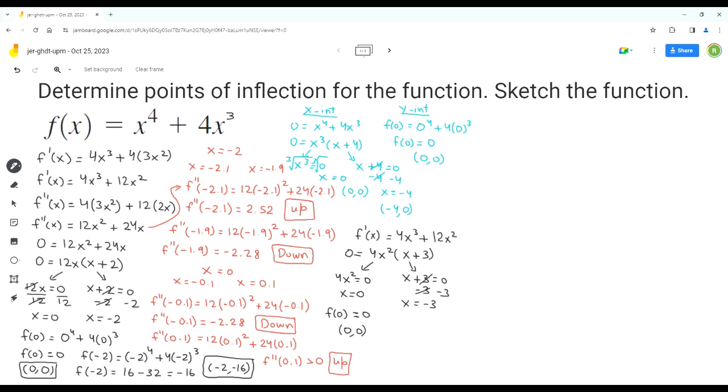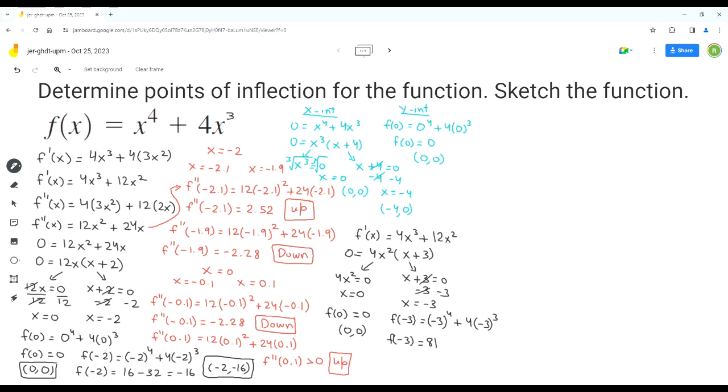Now we can do the analysis for x equals negative 3. So we'll sub in x as -3 in the function. Now -3 exponent 4 is equal to 81.